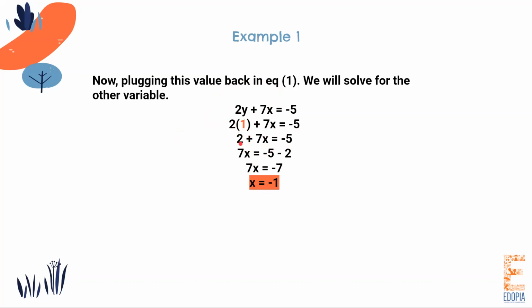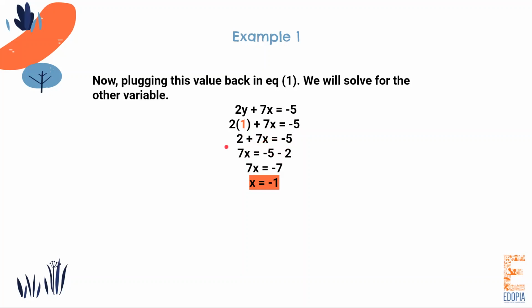Now, as per the rules, we have to get rid of this constant term from the equation so that we can solve for the unknown variable, which is x. You can either move that constant term from the left hand side to the right hand side. Since 2 has a positive sign with it, when I move it to the right hand side, the positive would become negative.